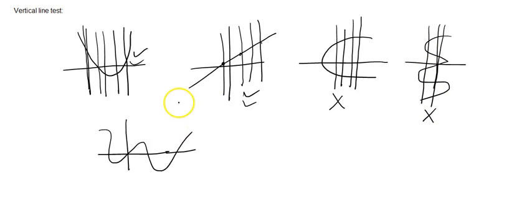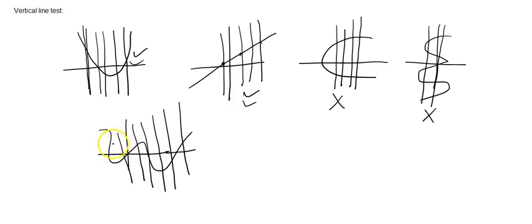Now if I take another graph and drop a perpendicular like this, you can see that for this curve, the perpendicular on the x-axis meets at one point, so this will be called a function. So this is one test, called the vertical line test, to check whether the given curve is a function or not.